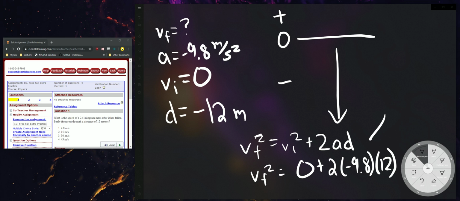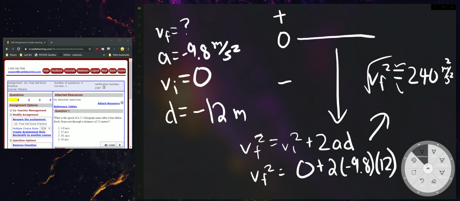And we should get vf squared equal to somewhere around 240 meters squared per second squared.